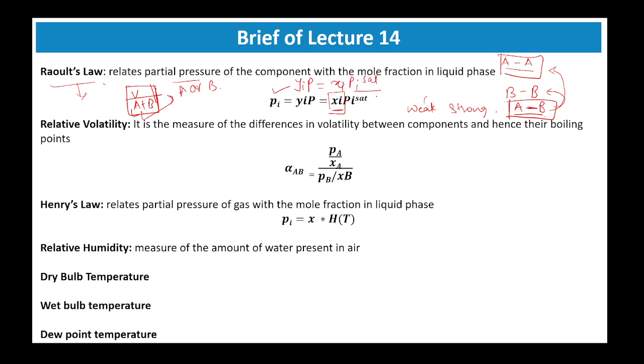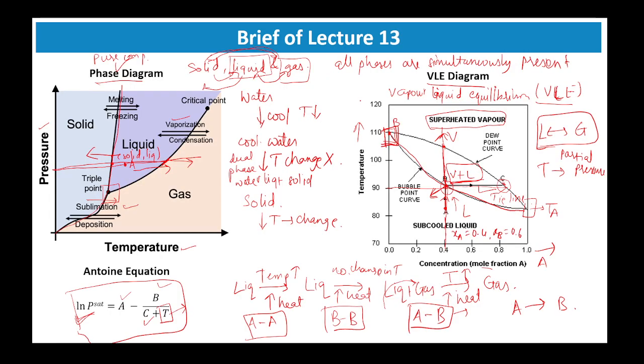Now Pi sat is the vapor pressure of the pure liquid, exerted in a closed system at its boiling point, which was calculated by Antoine's equation. Or if you want to calculate the vapor pressure at any other temperature, it will be the same equation.